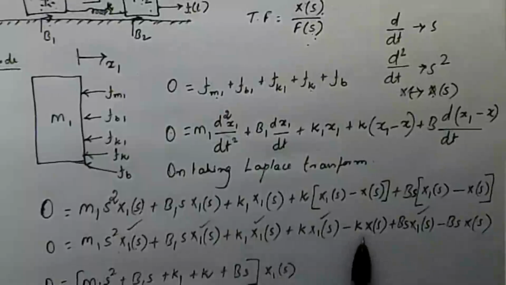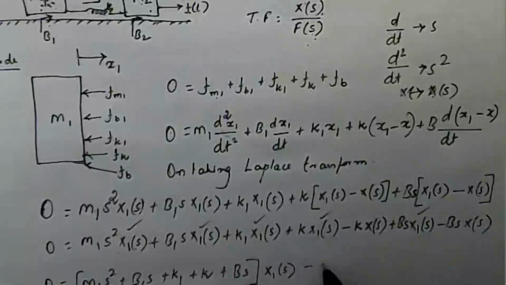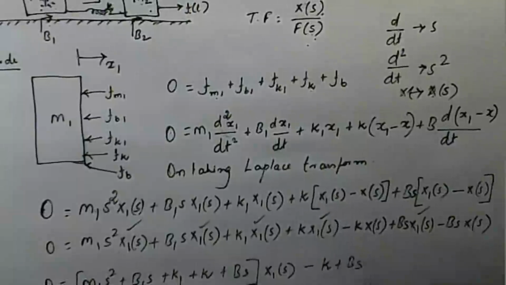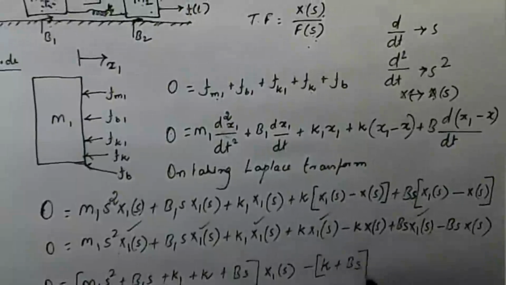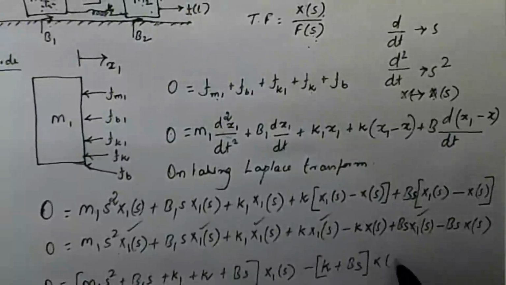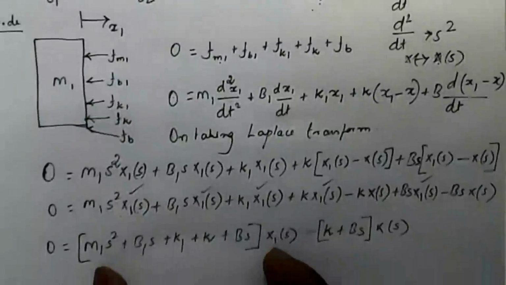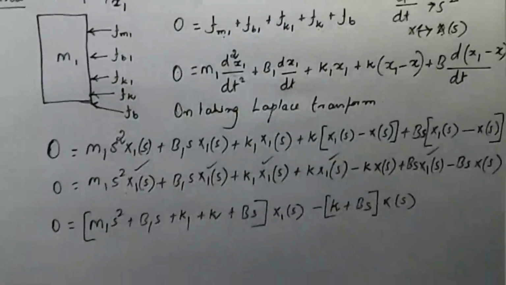Then the remaining terms: minus k plus bs into x of s. I am going to take this x1 of s term to the left hand side.